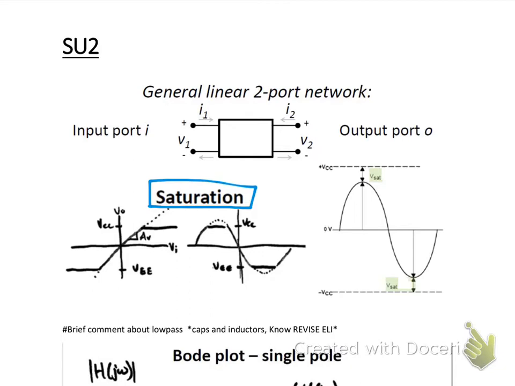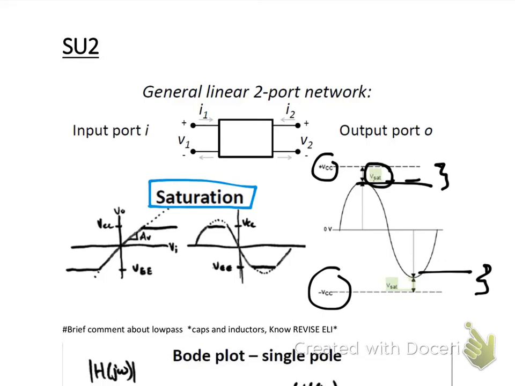Saturation is usually stated by a single digit, but some people don't understand that saturation applies to your positive and your negative rails, not just the positive rails. Whenever you're designing an amplifier, you should take saturation into consideration, and those are usually covered in your practicals. So there won't be too many saturation questions.